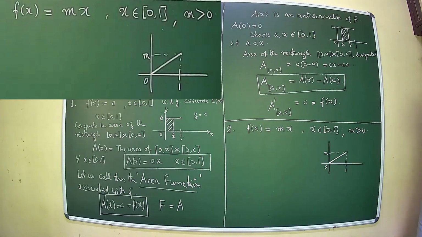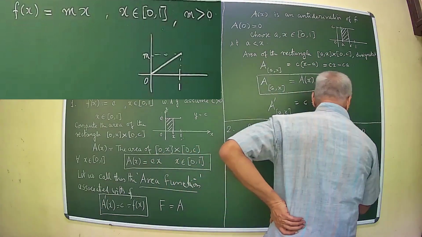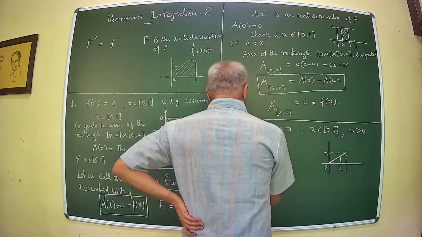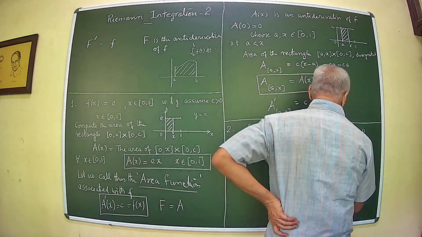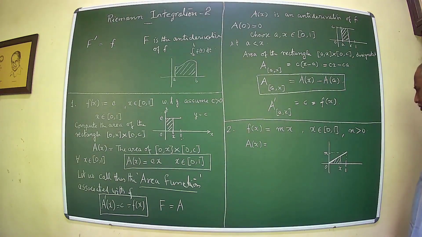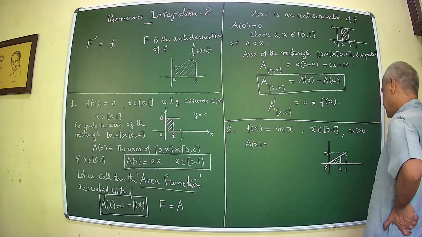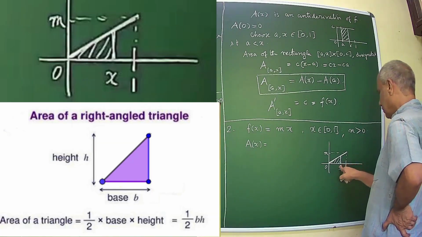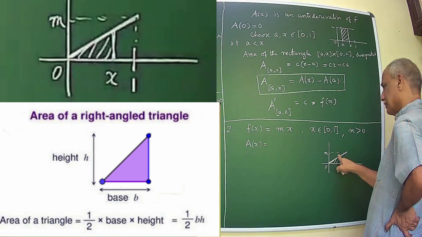Once again, let us compute the area function. So the area function in this case is that you choose x that lies between 0 and 1, and you can easily see that A of x is equal to, now it is a triangle whose area you have to work with, a triangle joining the points (0,0), (x,0), and (x,mx).